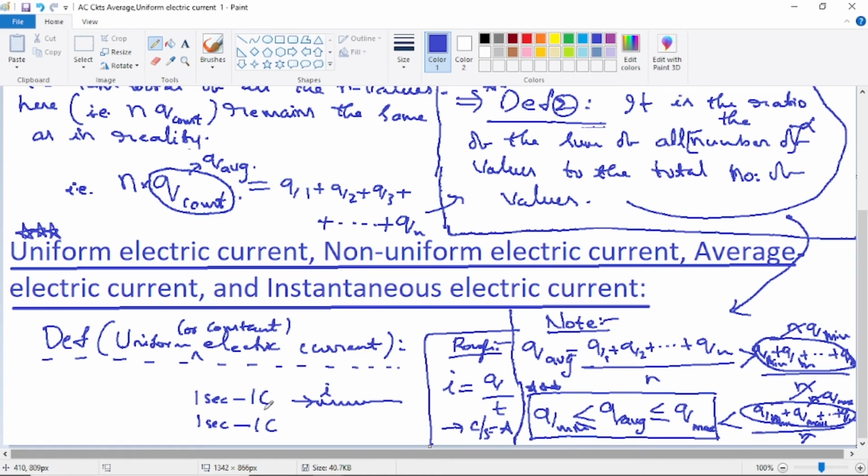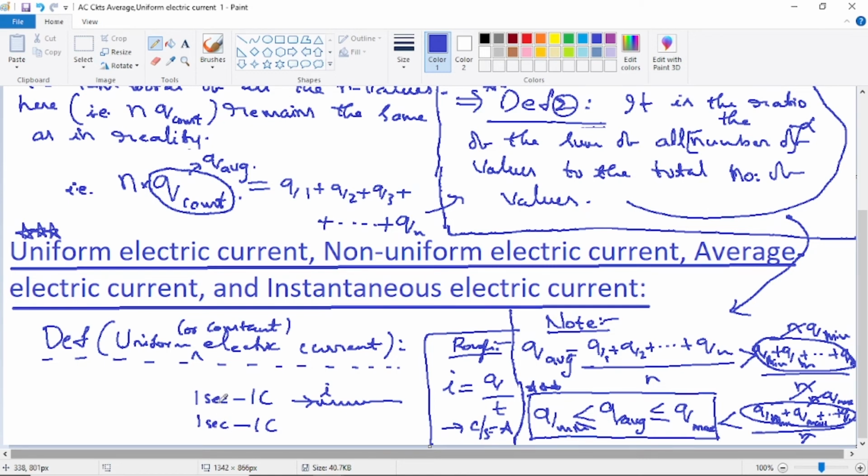But even this is not exactly uniform electric current. More exactly, it is defined with a very important extended point: not just for these time intervals, not just 1 second and 1 second.